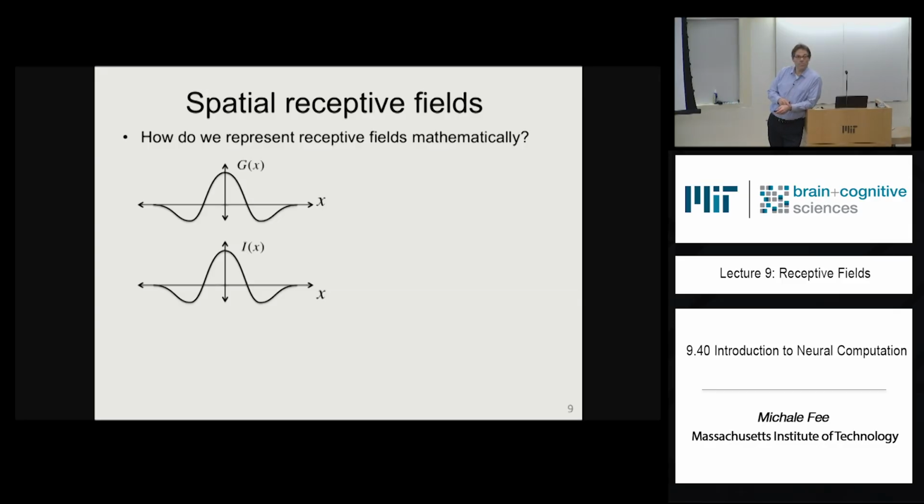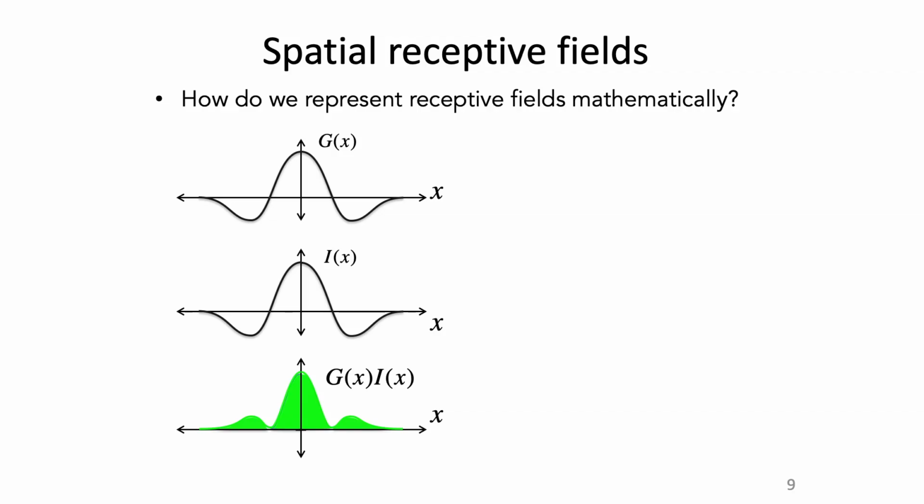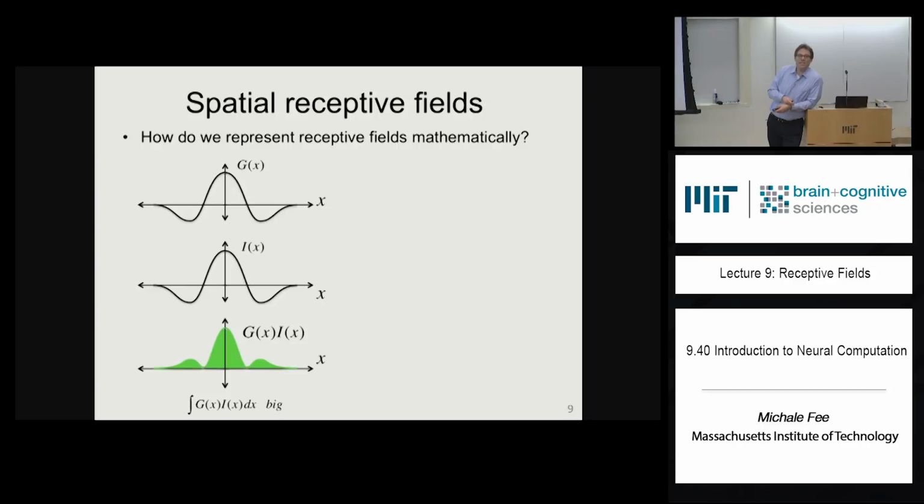Now we can multiply those two together, and you can see that when you multiply positive times positive, you get positive, and when you multiply negative times negative, you get positive. When you integrate over position x, you get a big positive number. So that stimulus would make a neuron with this receptive field likely to spike.